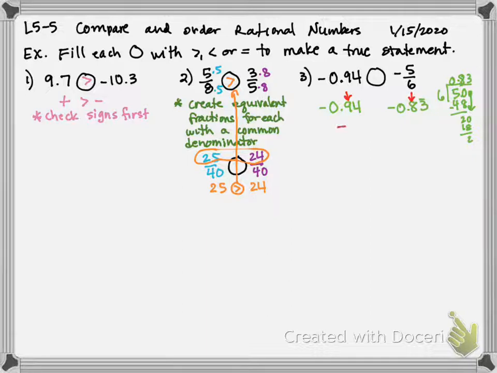So negative 0.9 versus negative 0.8. Negative 0.8 is closer to 0 than negative 0.9, so that's the relationship that ends up, that negative 94/100ths is less than negative 5/6. Tricky, I know. Okay, second set, we're going to order from least to greatest.